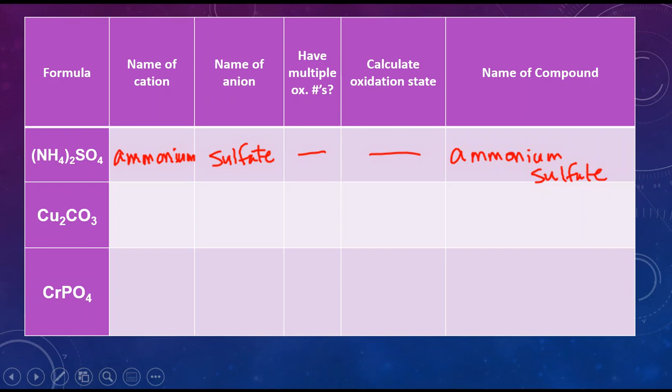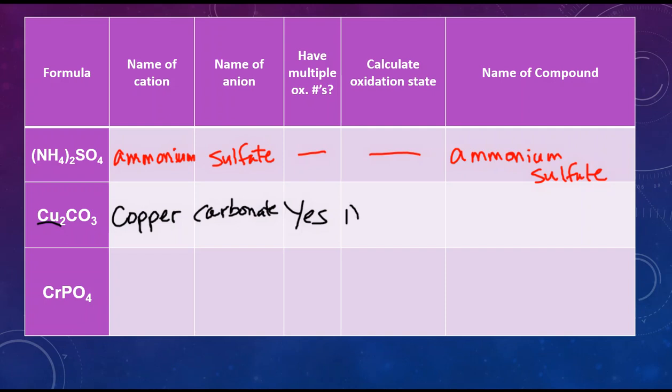Next one, though. Oh, this is an interesting one. Cu, what's that? Copper. That's copper. Copper is a multiple oxidation metal, so we're going to have to calculate that one. CO3 is carbonate. And a lot of people mess up on this particular type of compound, and I'm going to show you why. What is the charge on carbonate? 2 minus.